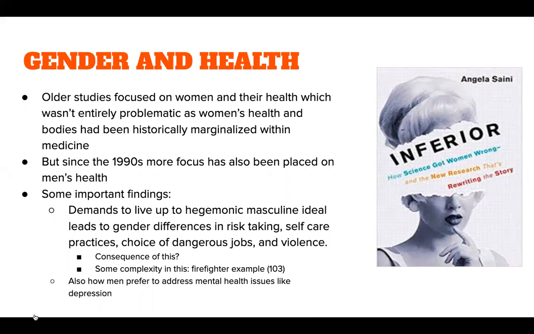And they talk about, for mental health issues, how men, when compared to women, were much more likely to prefer cognitive behavioral therapy versus talk therapy, because they like the idea of it being steps that they had to follow for their treatment, as opposed to just relying on talking.